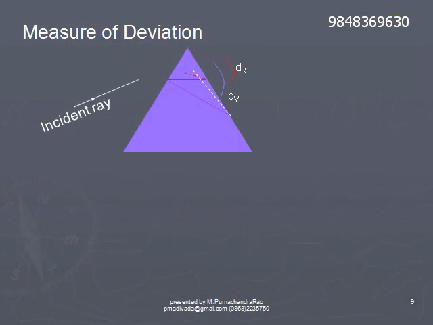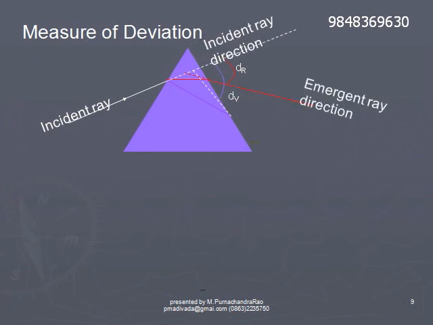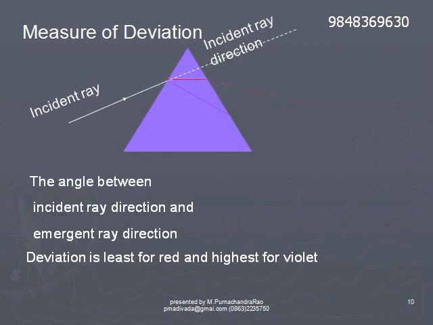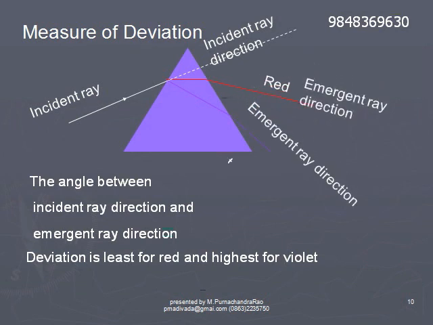Now let us proceed to study the dispersion mathematically. To study dispersion mathematically, let us consider two rays. I am here choosing red and violet. First, let us recollect what is meant by angle of deviation. Angle of deviation is the angle between the incident ray direction and the emergent ray direction.